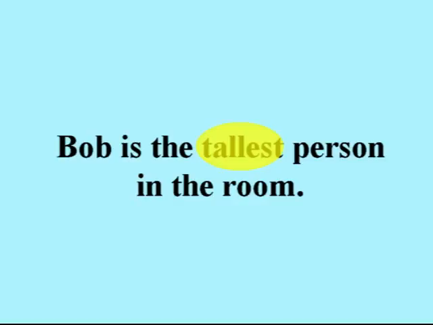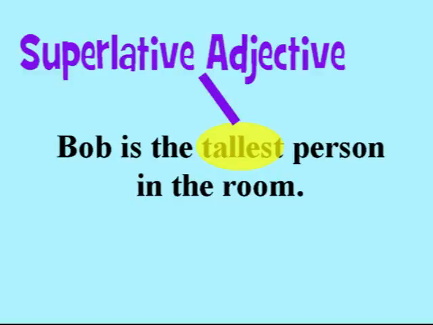Because the adjective tallest compares the tallness of more than 2 people, in this case, all 10 people in the room, we say that this adjective is of the superlative degree, and the word tallest is called a superlative adjective. A fancy word like superlative seems to be saying that Bob is not just tall, but super tall, the tallest of all.